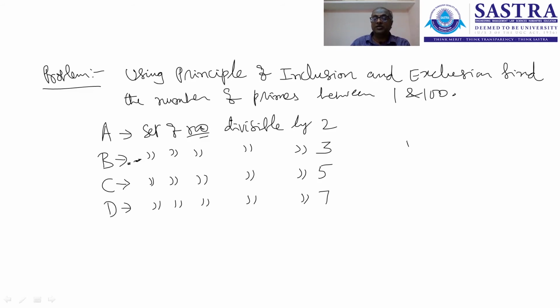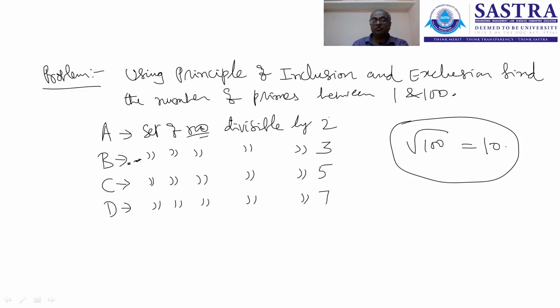So now the basic part: I will just take the square root of 100, which is 10. So now what I do is find the numbers which are divisible by 2, 3, 5 and 7, and of course you can see that these are all numbers less than 10, which is nothing but the square root of 100.